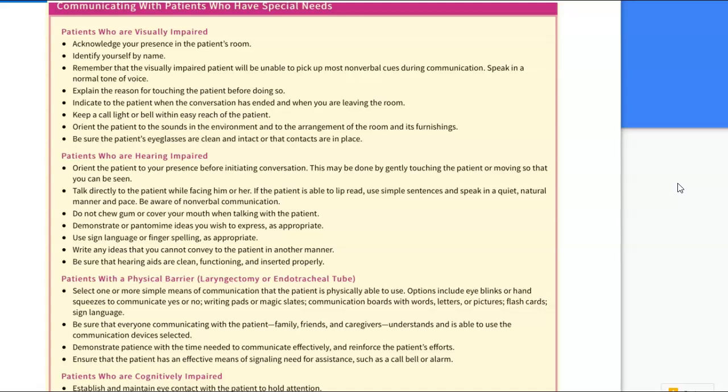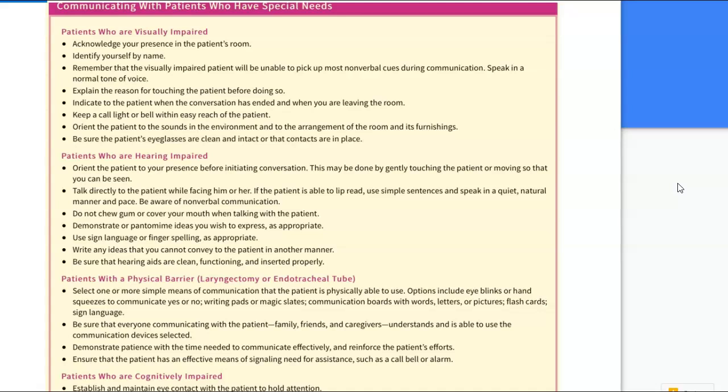So what about people who are intubated or who had a laryngectomy? They won't be able to talk to you. So those are things where you can use some considerations. Be more simple.